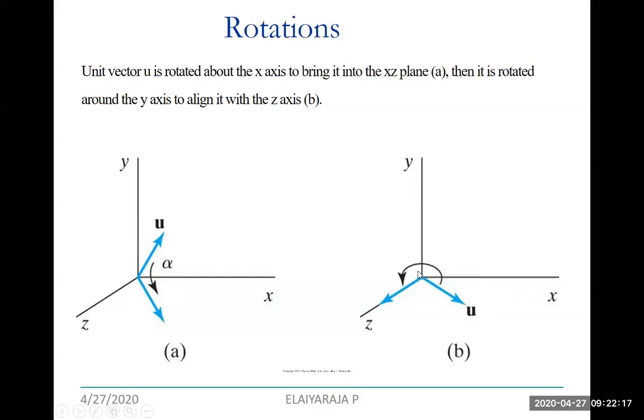Okay, so you can see the initial unit vector U is rotated about the x-axis, then it is rotated around y-axis. You can see the rotation with respect to this particular coordinate region.